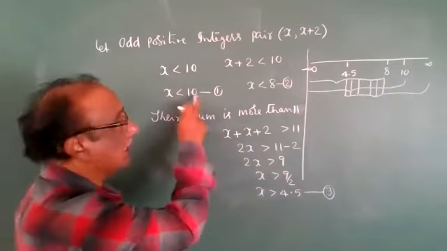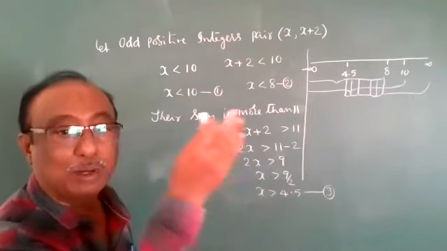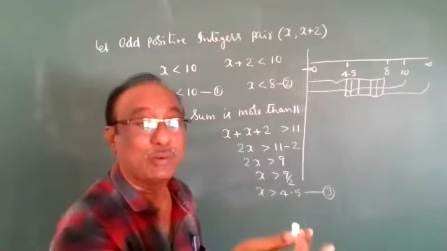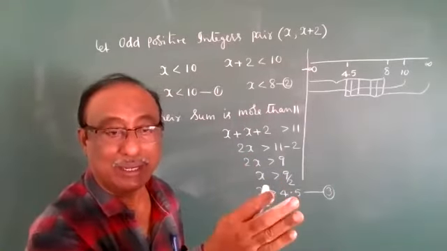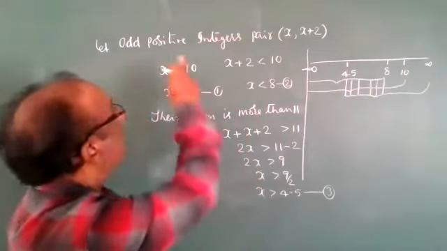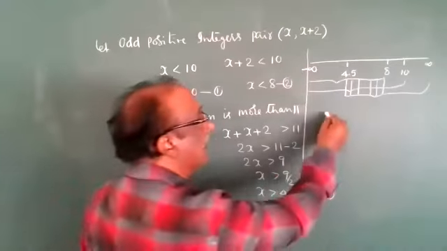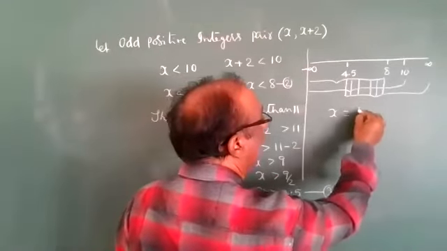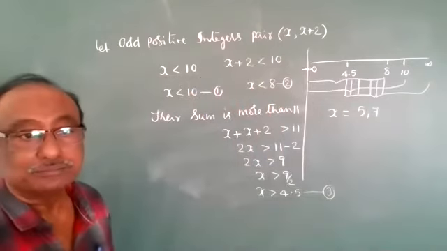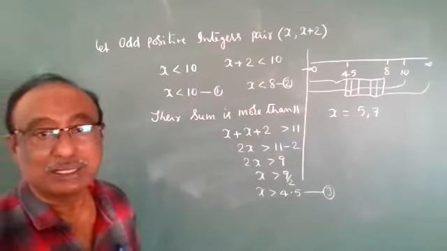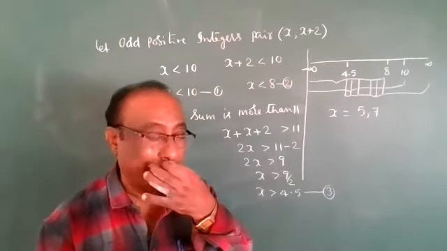Above 4.5 we have 5, 6, 7, and below 8. But our problem is the odd positive integers, so odd numbers are x equal to 5 and 7. Now please write down 5 and 7. Clear, everyone? Right. 24th problem, go to the 24th problem.